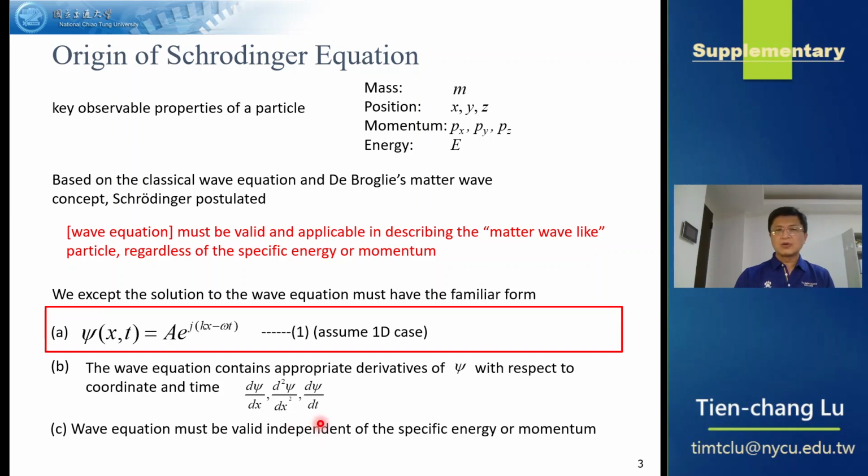And also, these wave functions must have derivatives with respect to the time, d phi over dt. We should be able to find these derivatives with appropriate values. And also, the wave equations must be valid independent of the specific energy and the momentum, which means that the particle should have a specific energy and momentum.